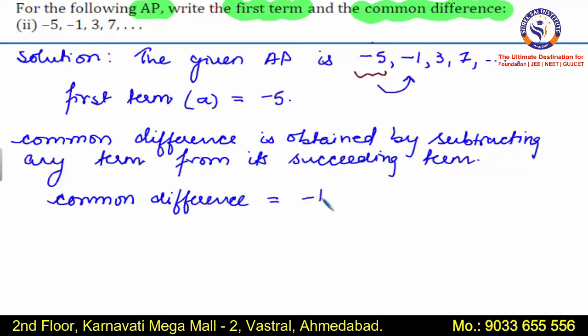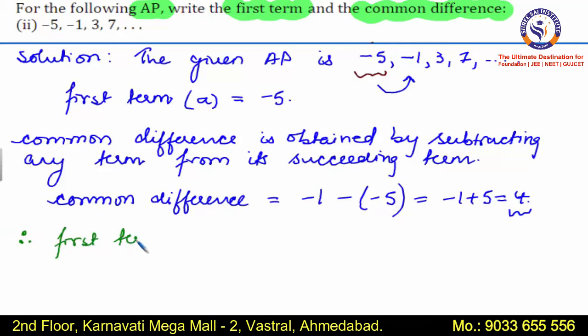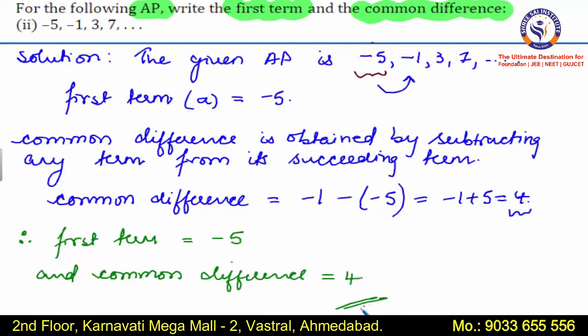So we have minus 1 minus of minus 5, and this is equal to minus 1 plus 5, which is equal to 4. Similarly, if we consider the term as minus 1, then on subtracting it from 3, we again get 4. Therefore, the first term of the given AP is minus 5 and the common difference is 4. This completes the solution.